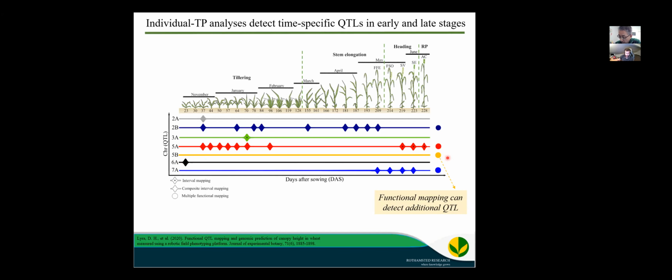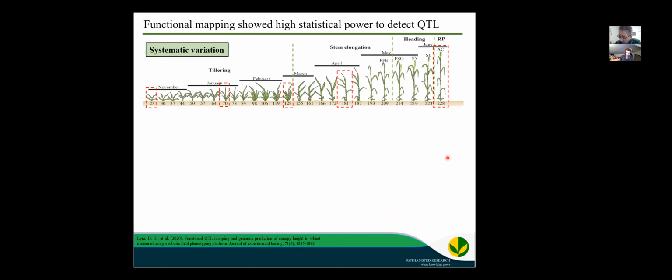Okay, that's the main point. And then we can go deeper on this persistent and transient, and we ran some simulations. And again, as I said, we can pick and choose, we can play with the data. I've just mentioned the systematic variation.